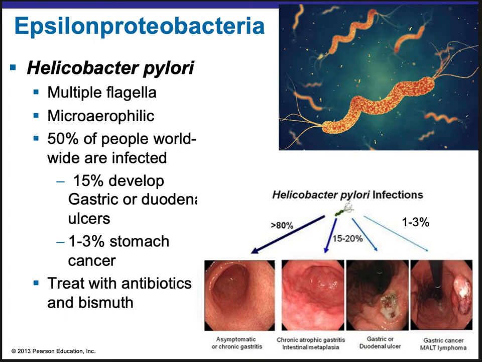Having the ulcer doesn't mean that you will develop stomach cancer. Also, not having an ulcer doesn't mean that you're not going to develop the cancer, right? So they're independent of each other. You certainly can have an ulcer and eventually have cancer, but it's not necessarily a natural progression.